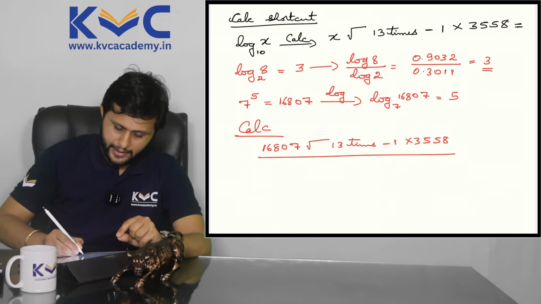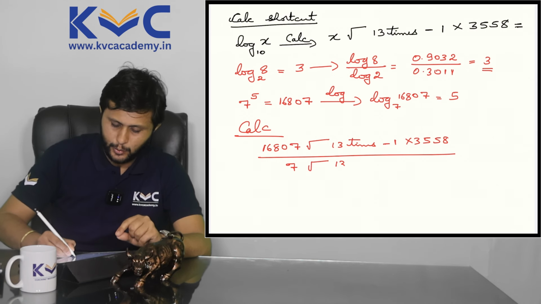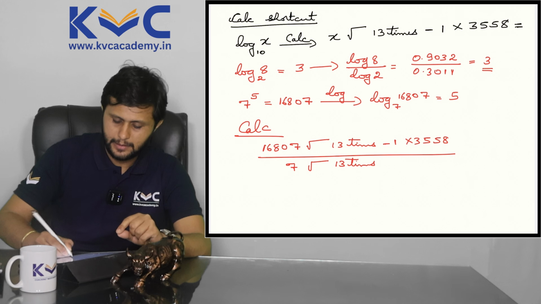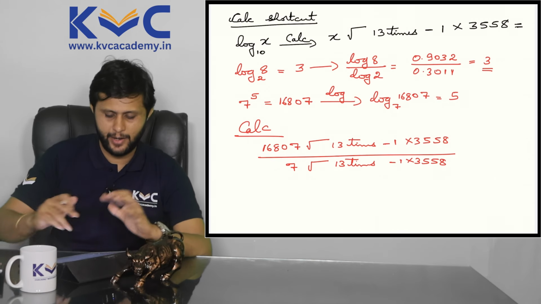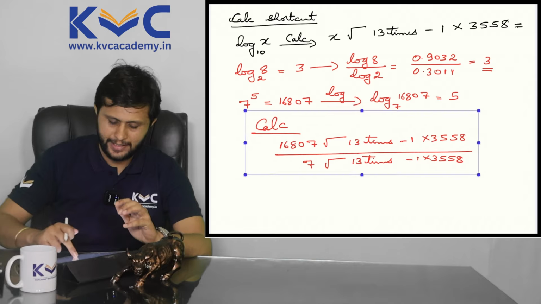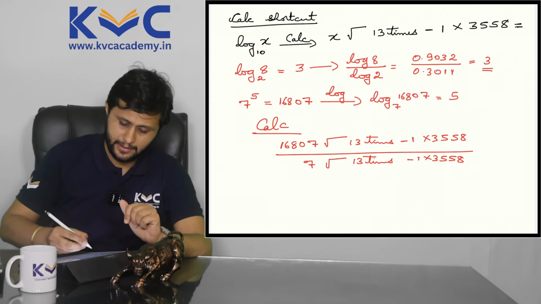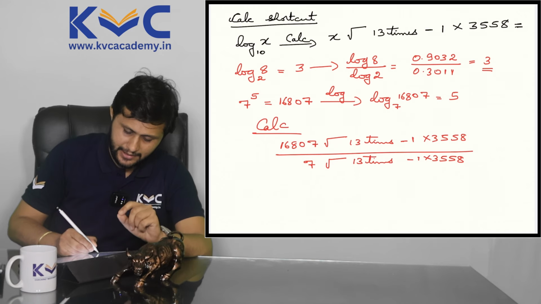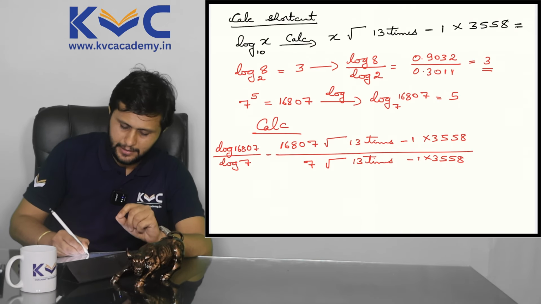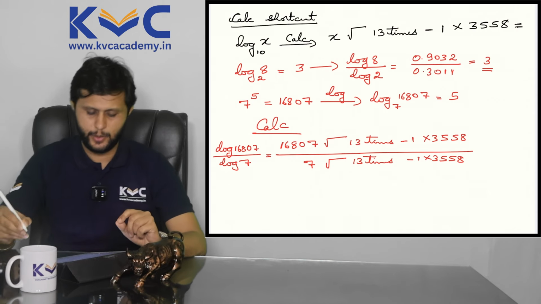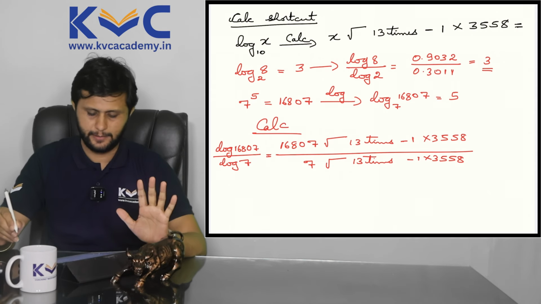Divided by, we need to press 7, square root 13 times minus 1 into 3558. Now I'll write why exactly I did this. What is the reason? Because we have to convert it to base 10. So I'll rewrite that: logarithm of 16807 divided by log 7. Now this is equal to your final answer.